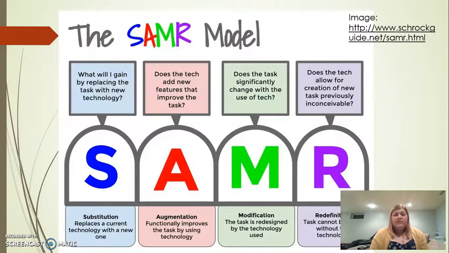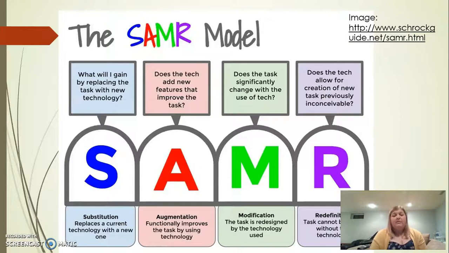It then advances through augmentation when the technology you're using improves the task, which is good, but then moves further into modification if the teacher uses a technology that really significantly changes the whole lesson, the whole task they're trying to complete.